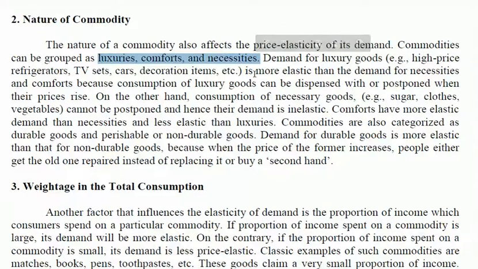Demand for luxuries is more elastic than demand for necessities and comforts, because luxury goods come when you have money left over after buying necessity and important goods. If there is a decrease in the income of the customer and a decrease in the consumption pattern, luxury goods will have the most elasticity.